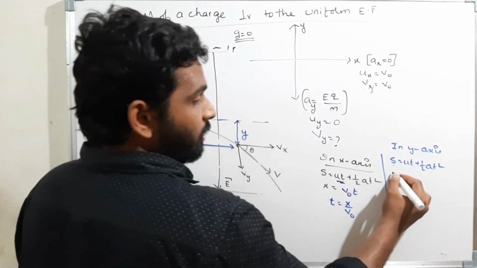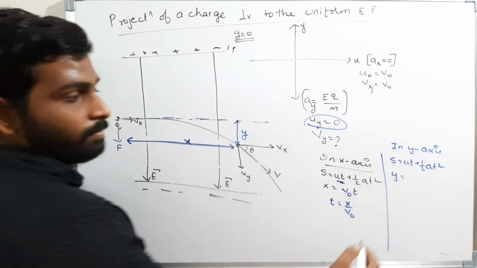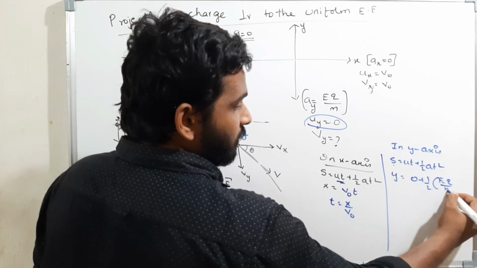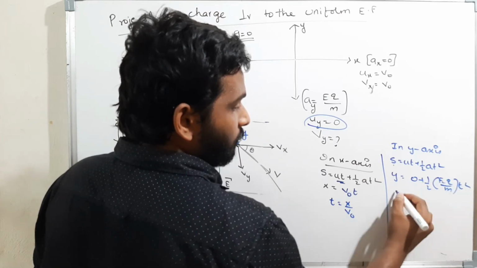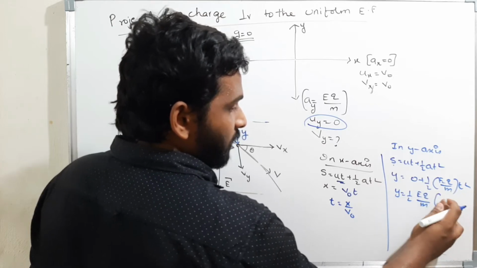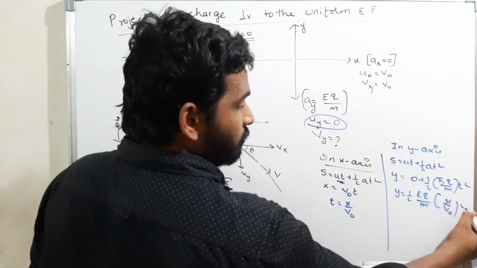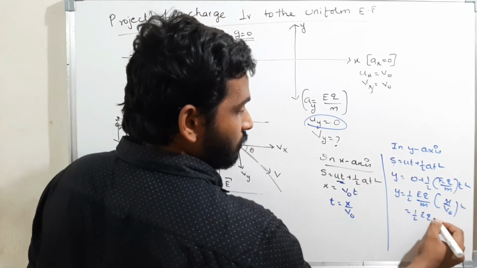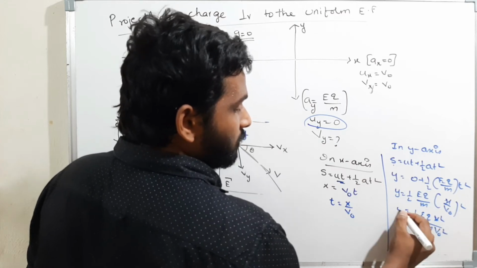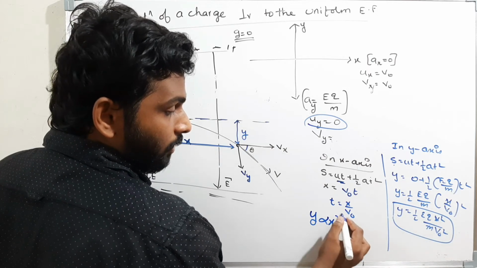For this y, how will I get it? y is equal to the initial velocity along the y-axis, which is 0, plus half, the acceleration EQ by m into t square. Therefore y is equal to half EQ by m into the time, which I can take as x by v0, whole square. Therefore, half EQ x square by m v0 square. That is y, which is directly proportional to x square.